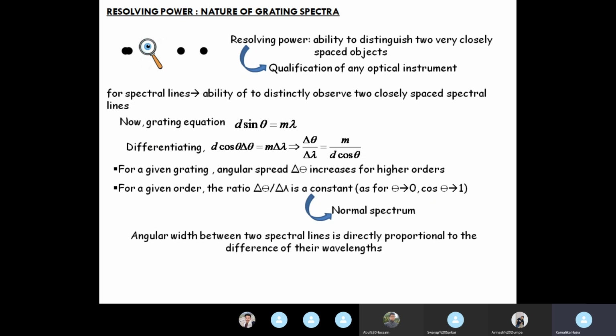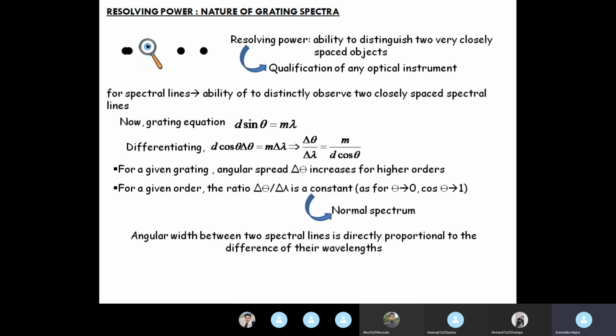So we are dealing with a normal spectrum, which means that the angular width between two spectral lines is directly proportional to the difference of their wavelengths. Greater the difference in wavelengths between two lines, greater will be the angular separation between them. So you can understand that for a normal spectrum, that is for a spectrum obtained from a grating, the lines are very clearly separated, right?